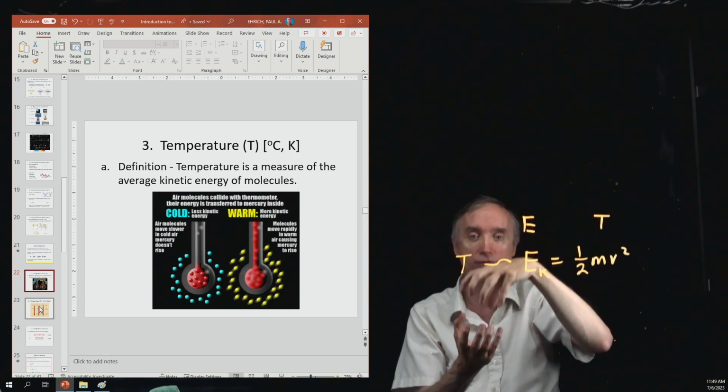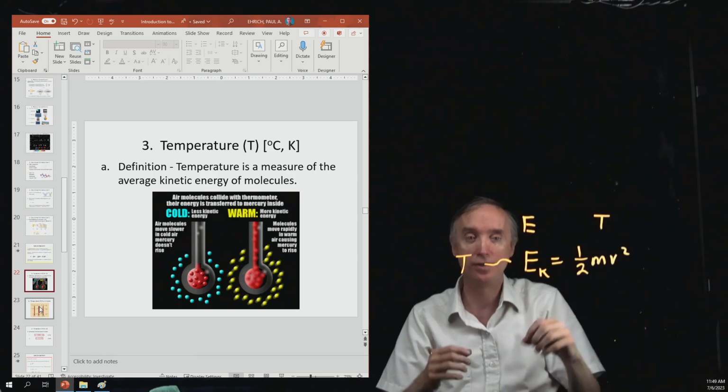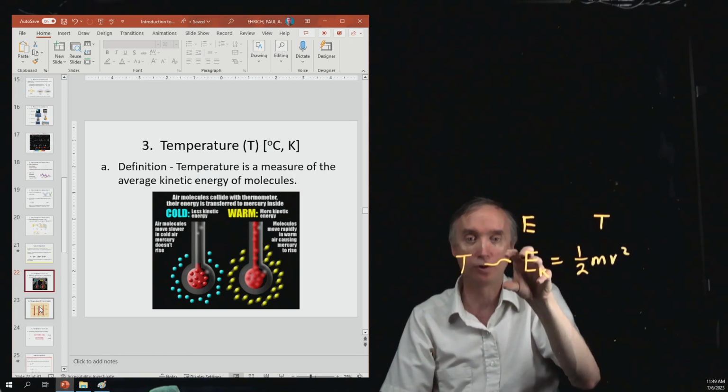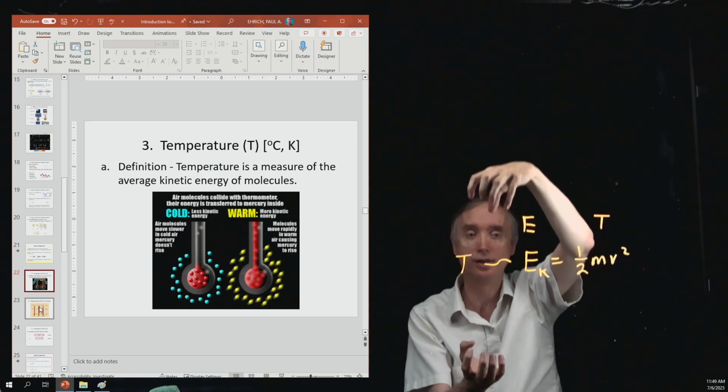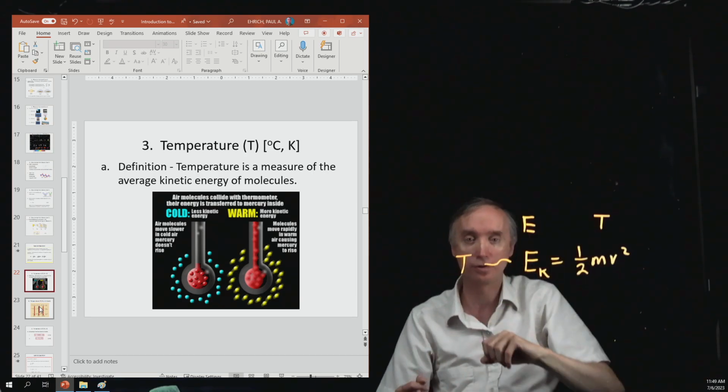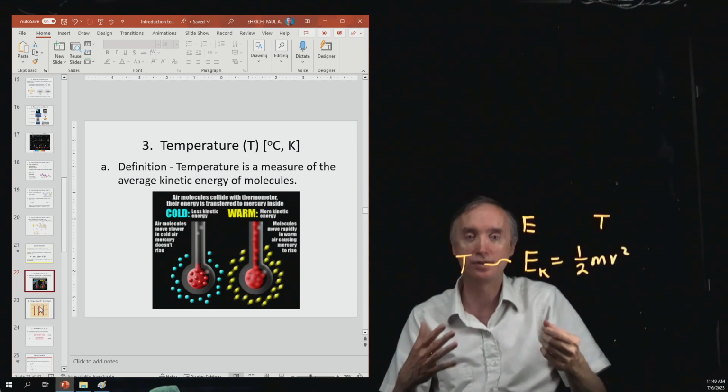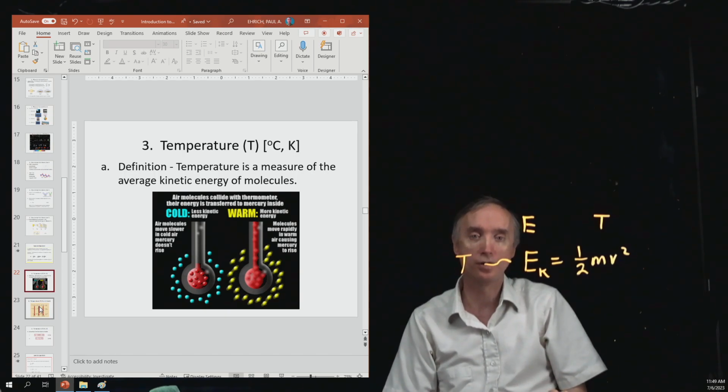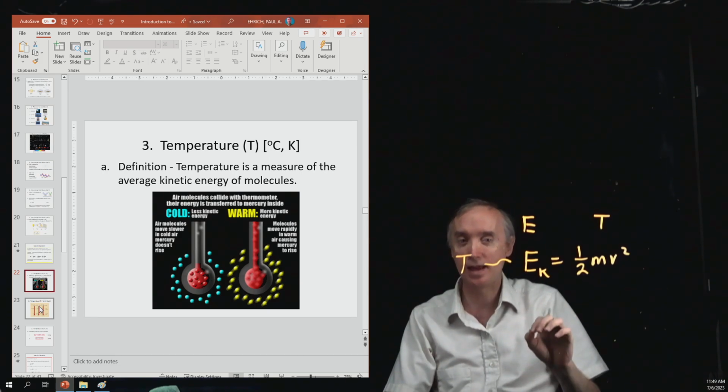As that fluid gets hotter, those particles start moving around more, and that's what makes the liquid rise in the thermometer, and then we can use that to measure the temperature of the water.